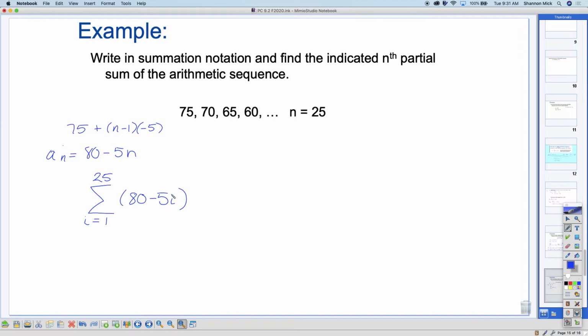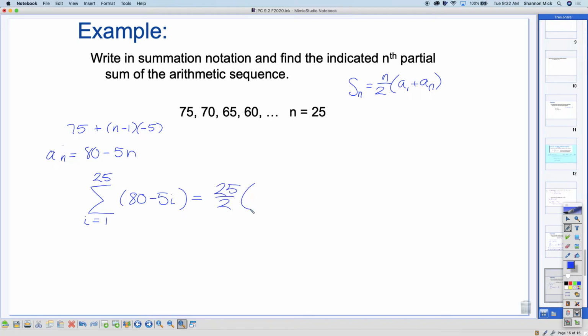Okay, now I'm going to do the sum, right? So S sub n equals n over 2 times a sub 1 plus a sub n. Okay, so what is my n? 25, because 1 to 25 is 25 things, right? So I have 25 over 2.